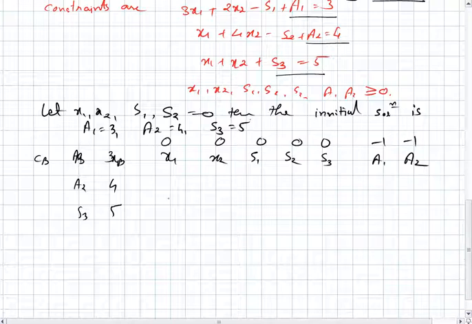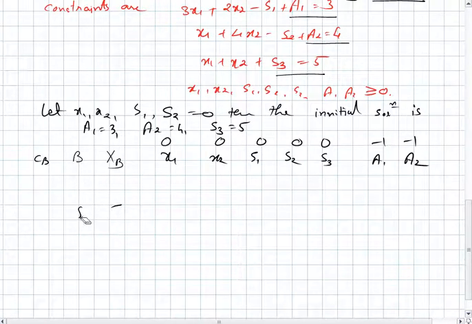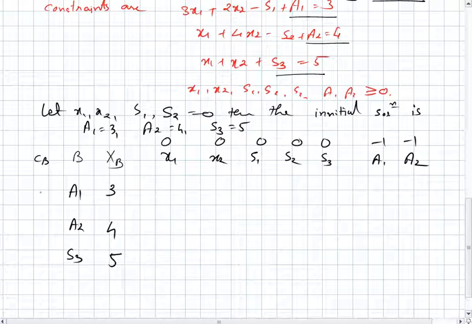So those are in the basis. Here we write A1, A2, S3 with values 3, 4, 5. Their coefficients are -1, -1 and 0.